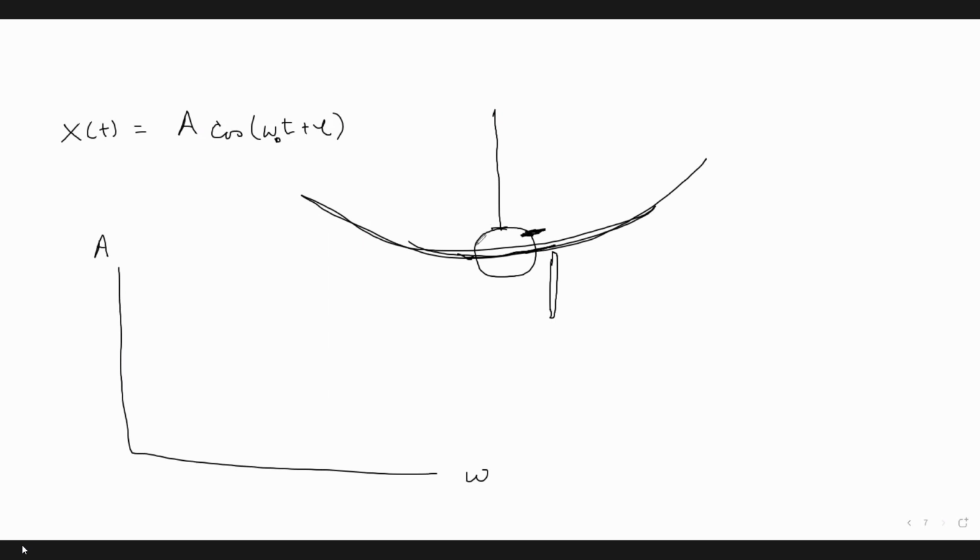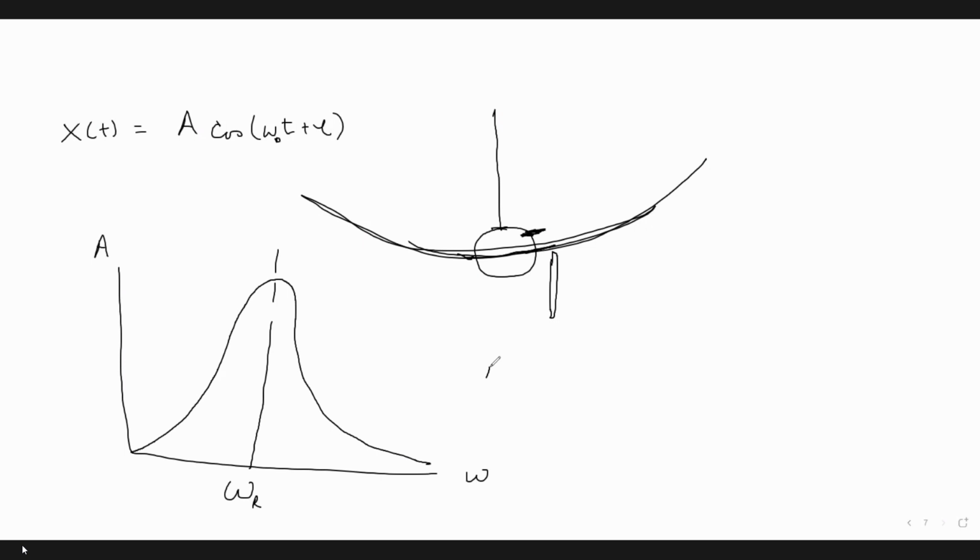I'm not going to make this bowling ball have a very big amplitude. So at low frequency, I get a small amplitude. At large frequencies, I get a very small amplitude. And somewhere in the middle, I get the maximum amplitude. That is the resonant frequency.